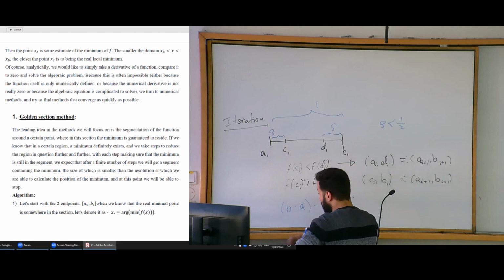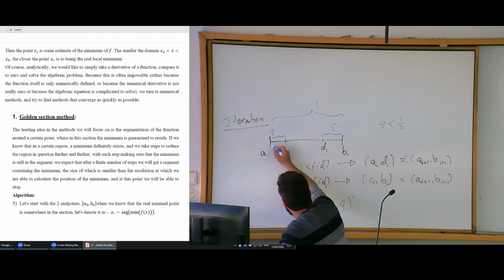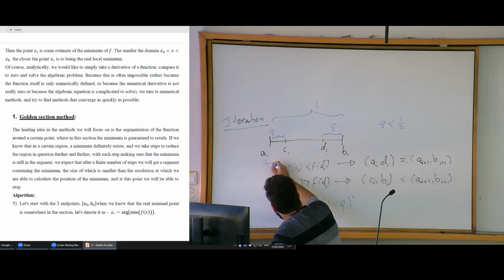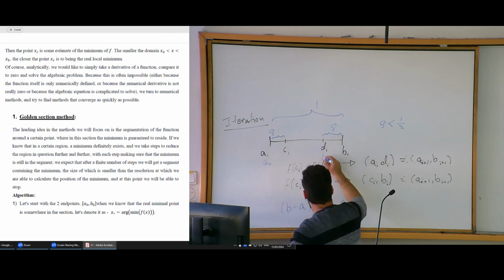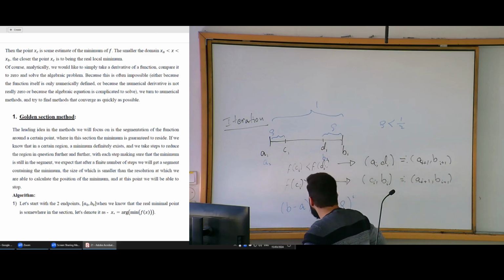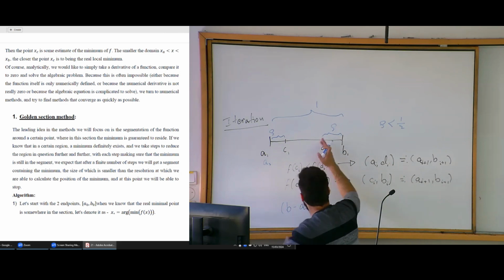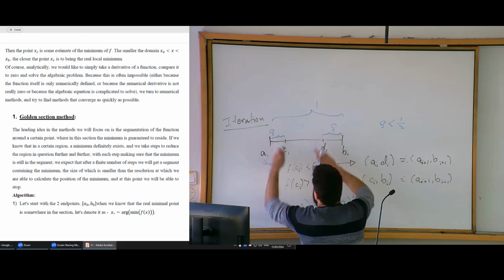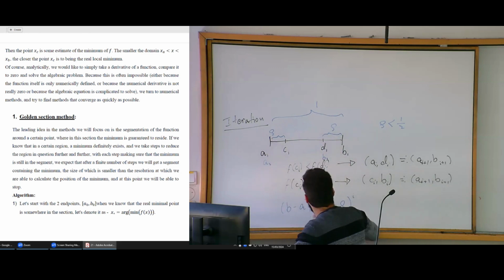Now, in iteration 2, this will be A2, and D1 will be B2. And now in this interval, I will take rho multiplied by the length of the interval. What's the length of this interval?